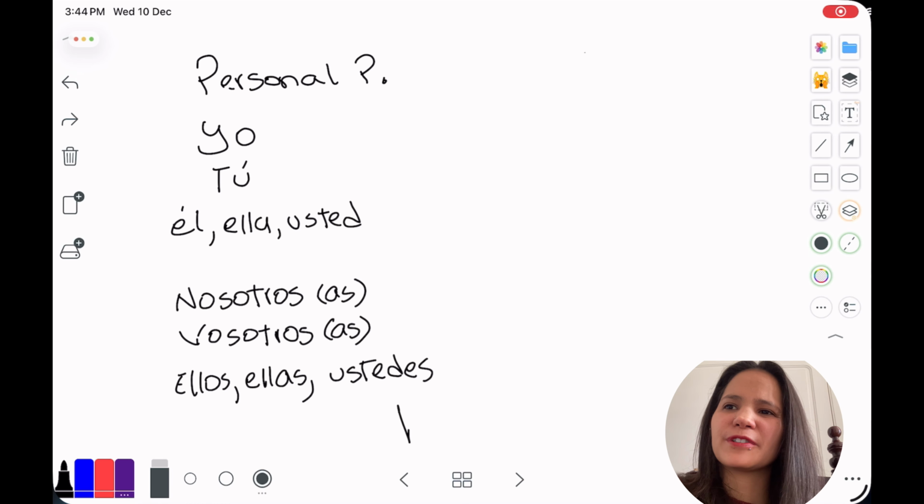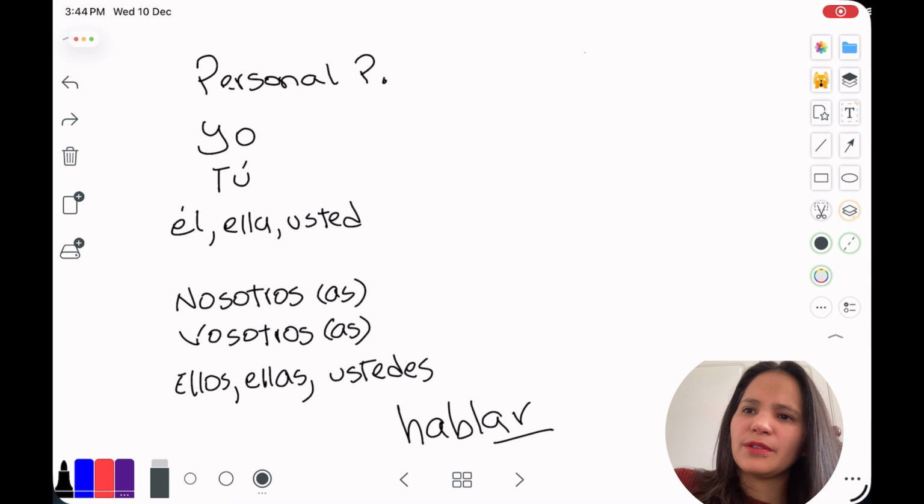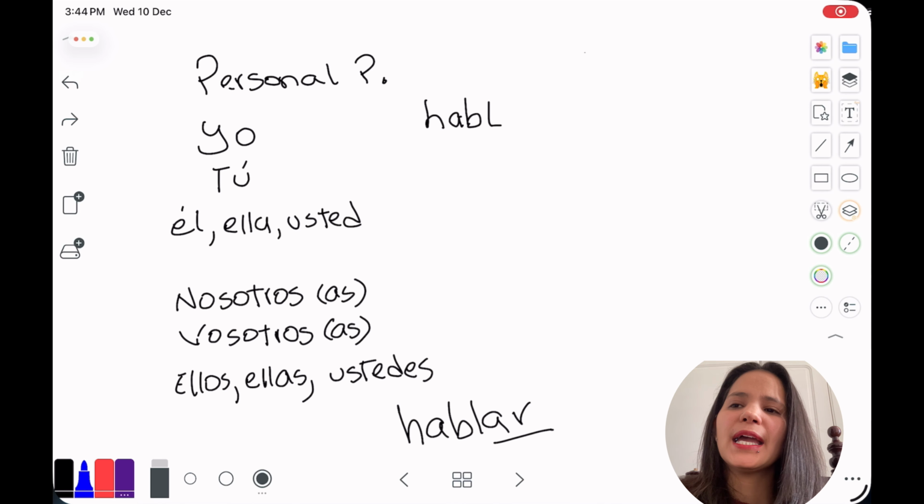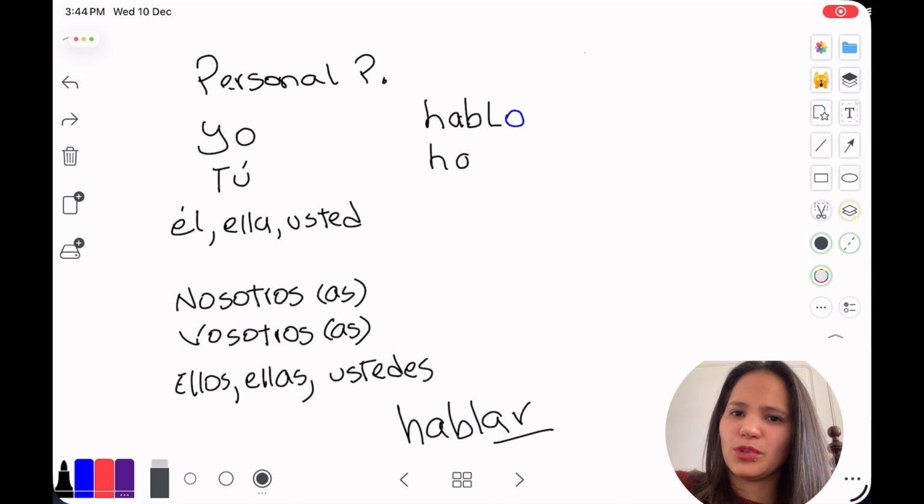Okay, so our first group are the verbs ending in AR, and we chose the verb hablar. So what we do now is take the ending of the verb and replace it with the following endings. For yo, hablo.